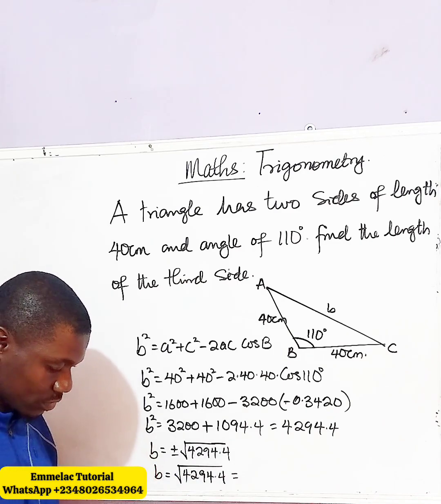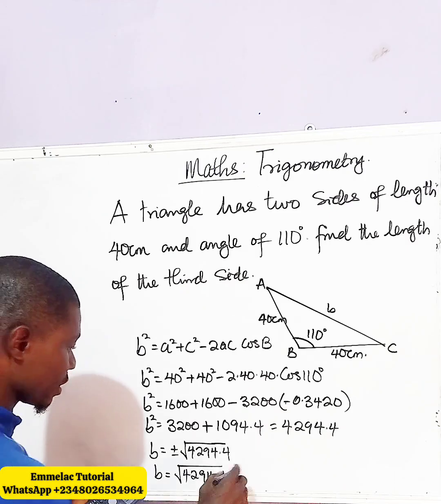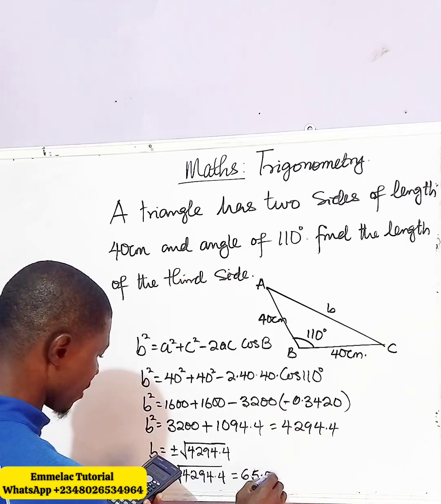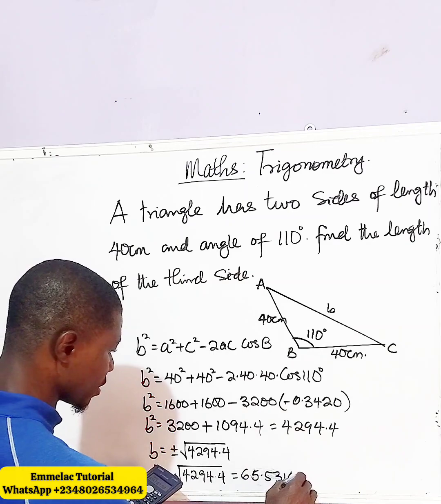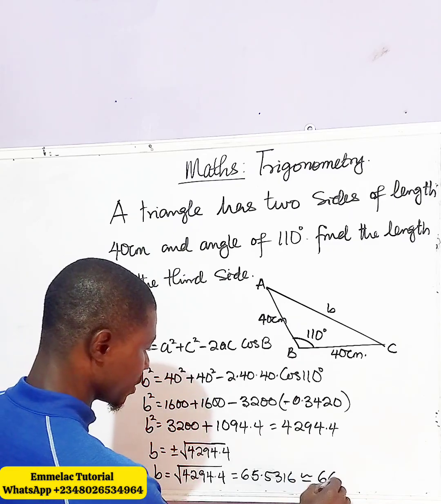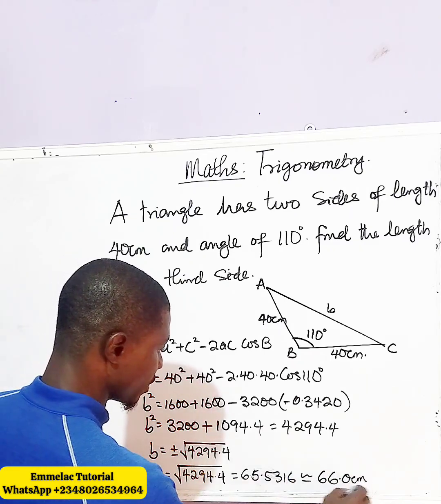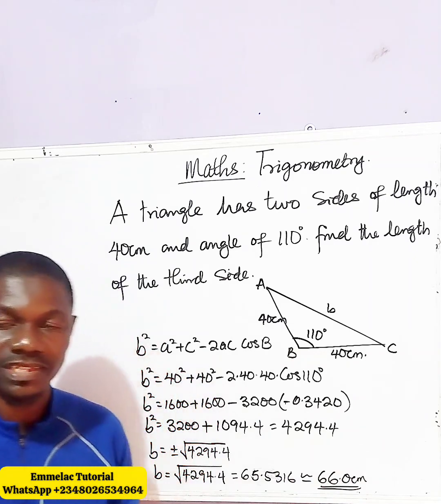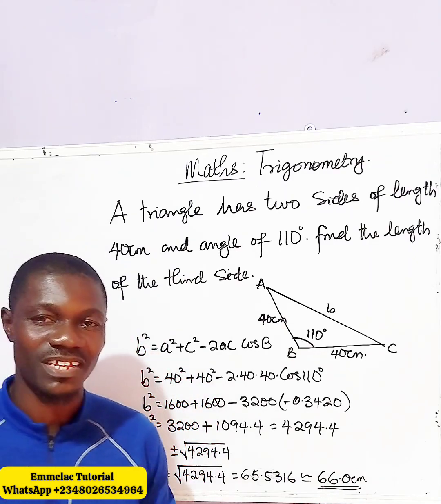The square root should give us 65.5316. So to the nearest whole number, this should give us 66.0 centimeters. Final answer. Thank you and God bless you.